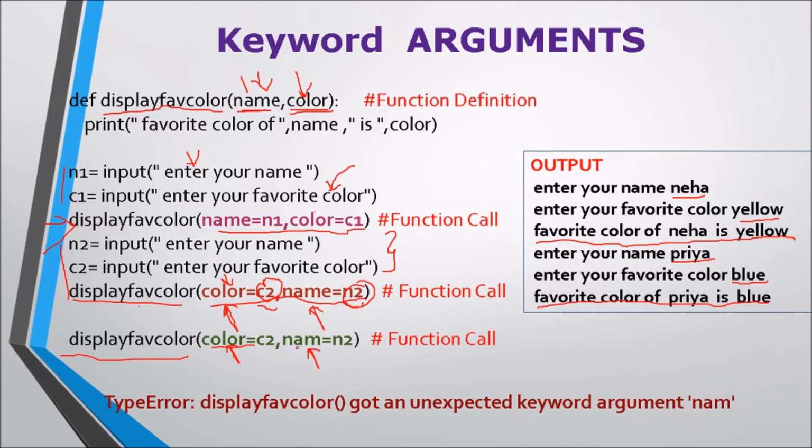So this NAM is not defined, so we get a type error: got an unexpected keyword argument NAM. It was only expecting two keywords, name and color, so there is no keyword like NAM, and this gives an error.